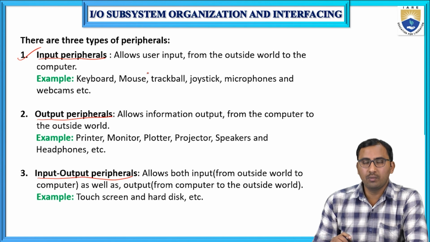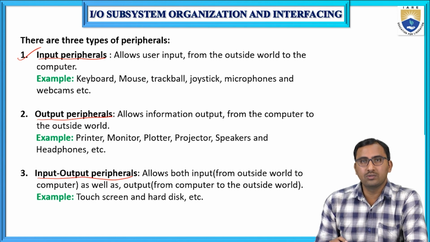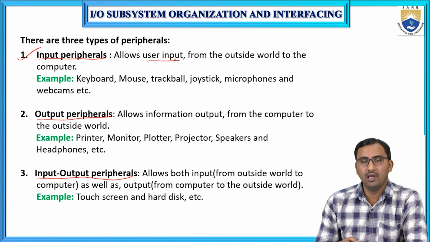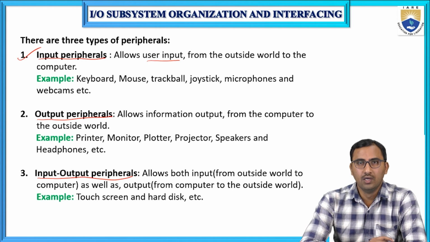These input peripherals allow user input from the outside world. These input peripherals will convert the input data into a pattern of electrical signals in binary. Those binary signals are applied to the computer.